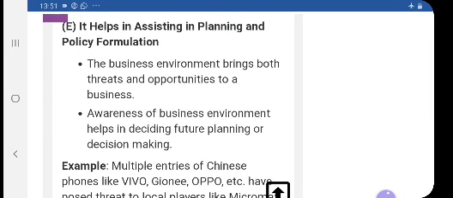Whatever planning we should make and whatever policy we should formulate totally depends upon the business environment. Means planning for the opportunities that we are getting, and for a threat, what necessary step is required to handle the situation.